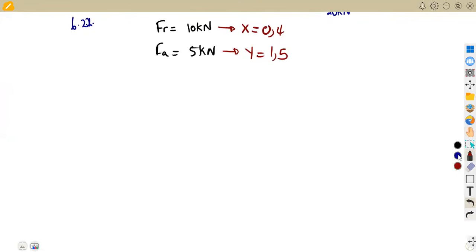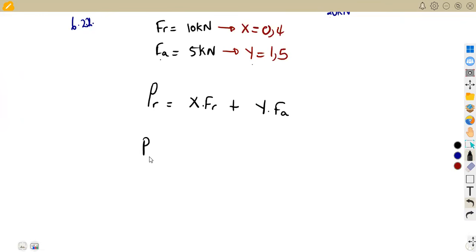If we check from our formula sheet, you are given the formula for the dynamic equivalent load, which is PR. So PR is equal to X, the radial load factor, times the radial load, plus Y, the axial load factor, times its force, which is the axial force.